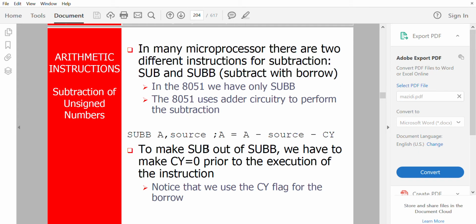If you want to do subtract with no borrow, or SUB like in other assembly language programs, you'll have to make Cy equal to 0.